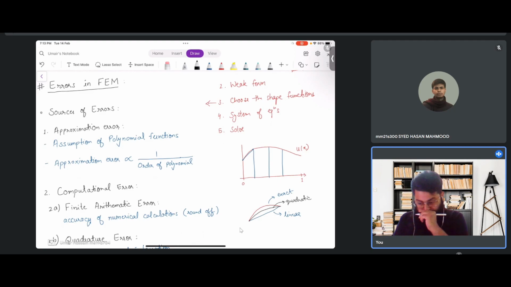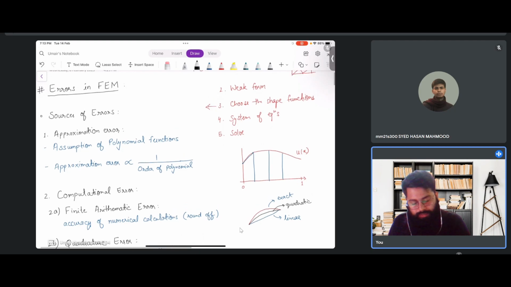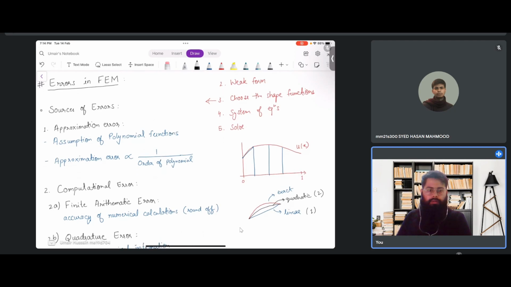That's how we find the error due to approximation by the polynomial function. As we saw here, the degree here is 1, and here it's 2. As we increase the order of the polynomial, the error reduces. So approximation error is inversely proportional to the order of the polynomial. Okay, is that clear?